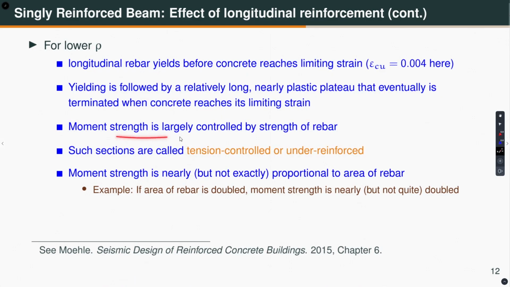Then moment strength, as I said, is controlled by the strength of the rebar, and such sections are called tension controlled or under-reinforced sections. Moment strength is nearly but not exactly proportional to the area of rebar. If you double the area of rebar, moment strength is nearly doubled but not exactly.